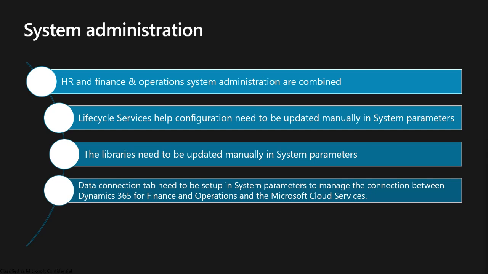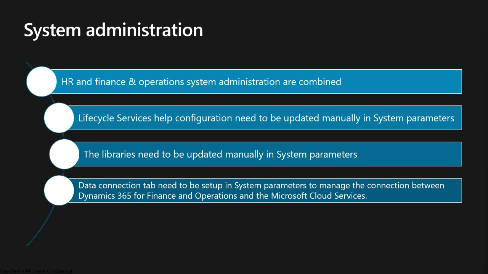The next one I want to talk about is the data connection tab. The data connection tab needs to be set up in system parameters to manage the connection between Dynamics 365 Finance and Operations apps and the Microsoft Cloud services. This is important if you want to use the new Azure Data Lake functionality.